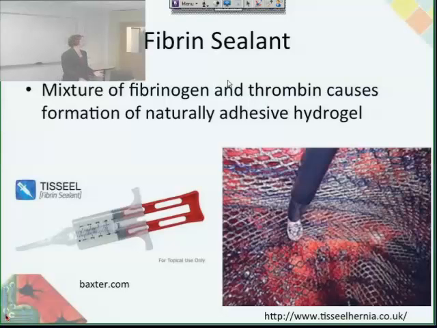It's a hydrogel, and it's naturally adhesive, so it's marketed as Tisseel by Baxter and also as TissuCol. This is an image of it being used as an adhesive to attach a mesh for hernia repair to the tissue. So it's naturally adhesive. That's fibrin, a really common biomaterial.